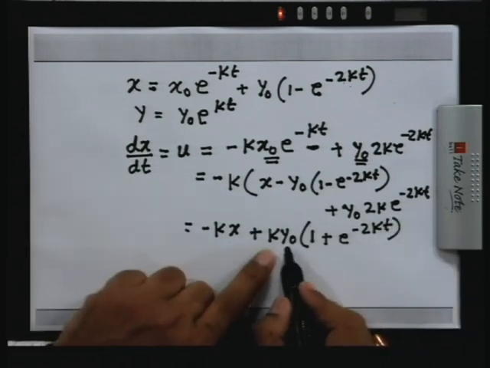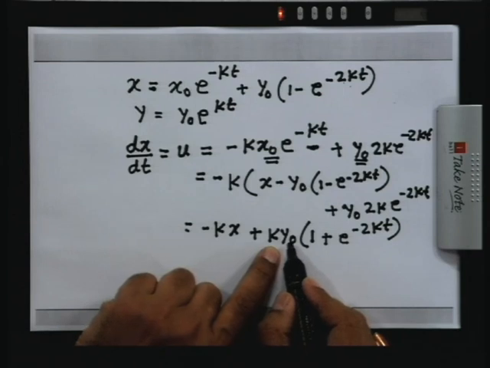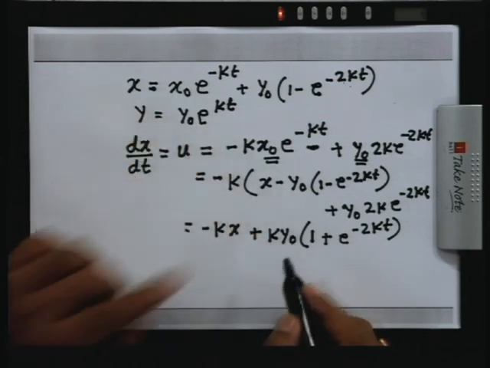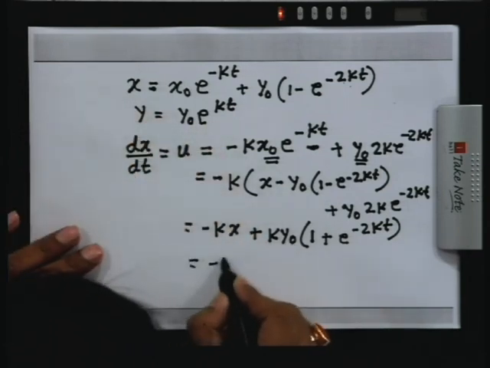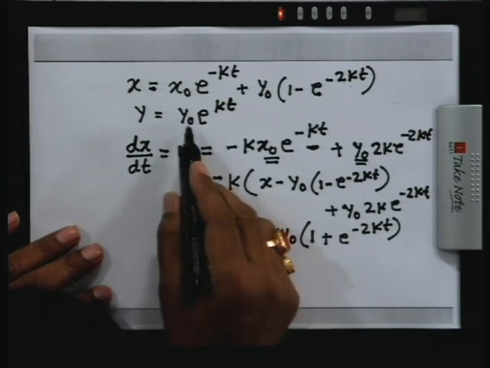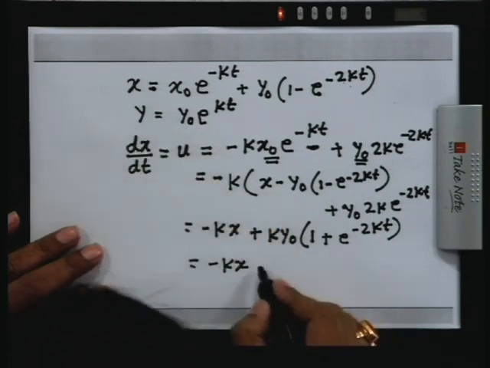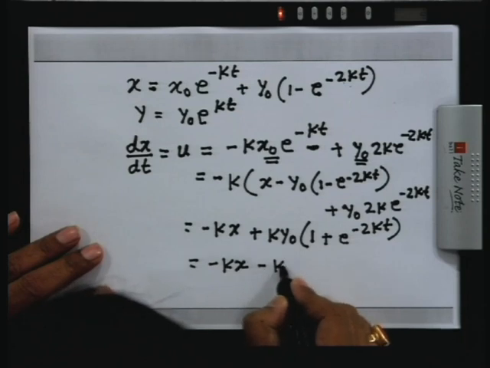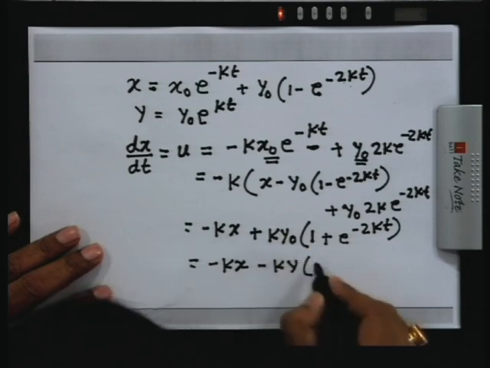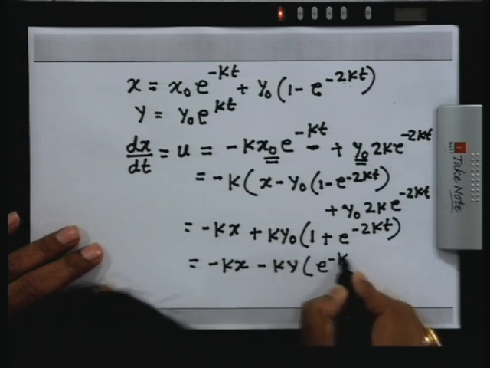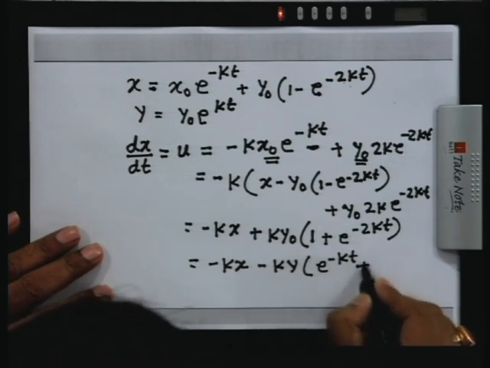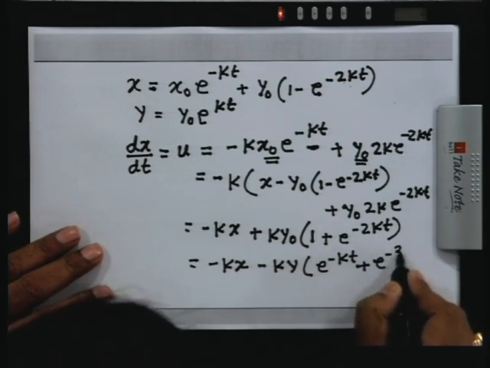Now, we substitute for y0, that is y by e to the power minus kt. That means minus kx, then y0 is y by e to the power minus kt, then minus ky, and e to the power minus kt, if I take it here, plus e to the power minus 3kt.